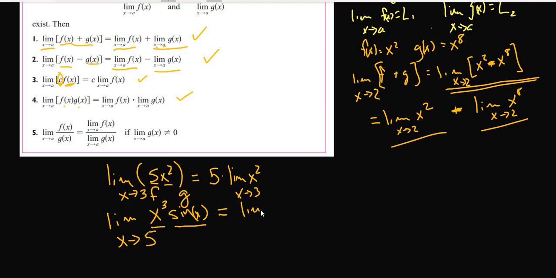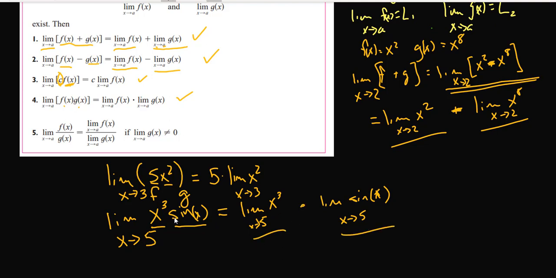Limit of x cubed separately, as x goes to 5, times the limit of the sine of x as x goes to 5.